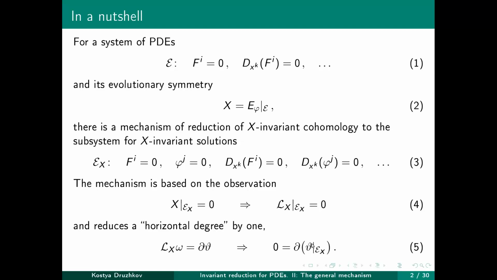On the right-hand side we get the arising cocycle for the invariant subsystem. And this cocycle has a different cohomological degree, or something like horizontal degree at least. So the mechanism reduces its degree by 1. This is our story in a nutshell.